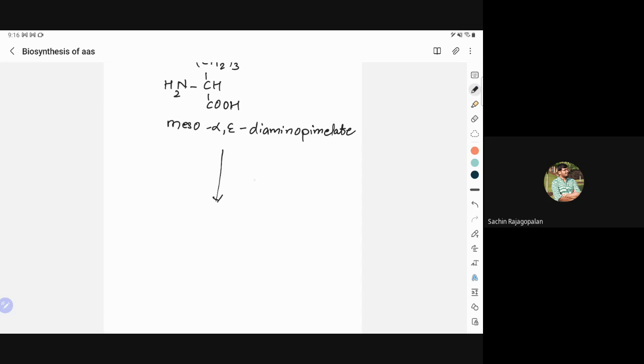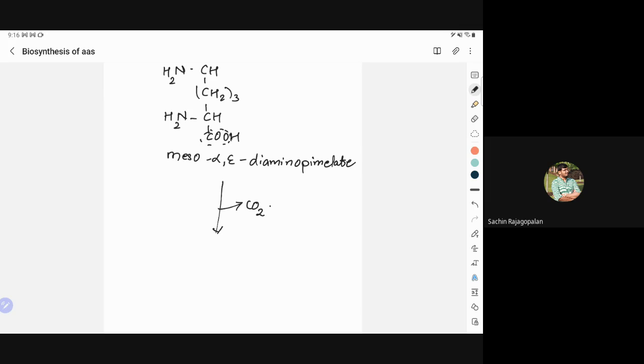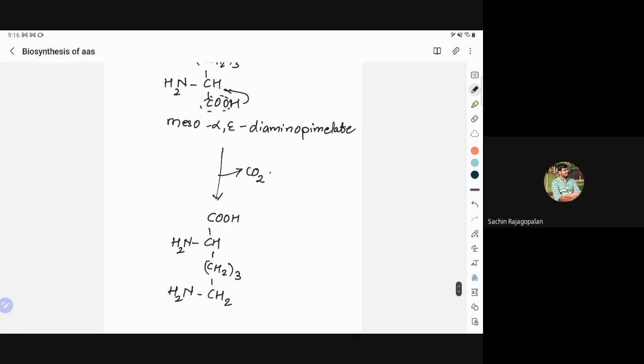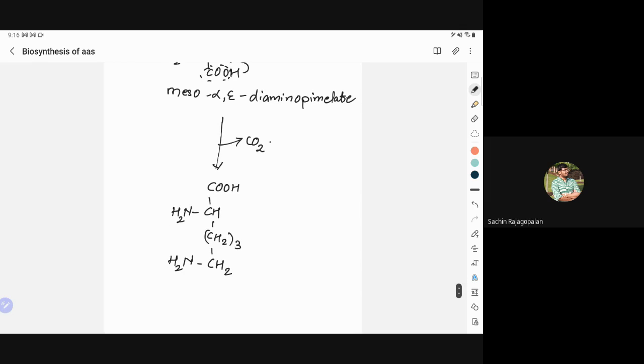We are going to release CO2 from here, and this hydrogen will move up. So it's pretty obvious that what I'll have is COOH, CH, NH2, CH2 thrice, CH2, NH2. Correct. This used to be CHNH2 up there, now the hydrogen of the carboxyl group has moved up, CH2 NH2. This is nothing but lysine.